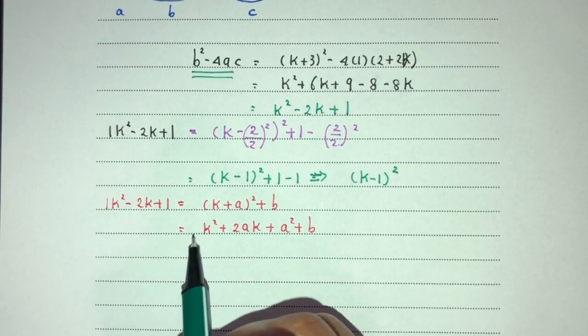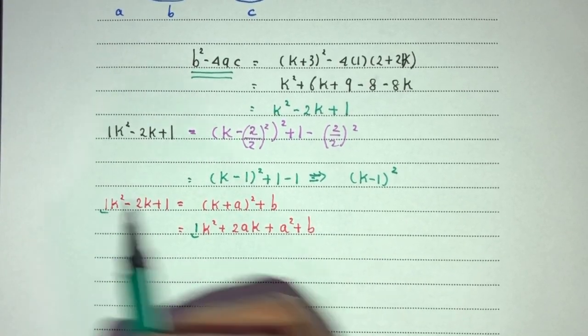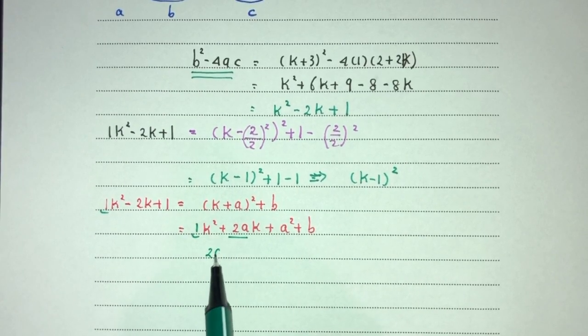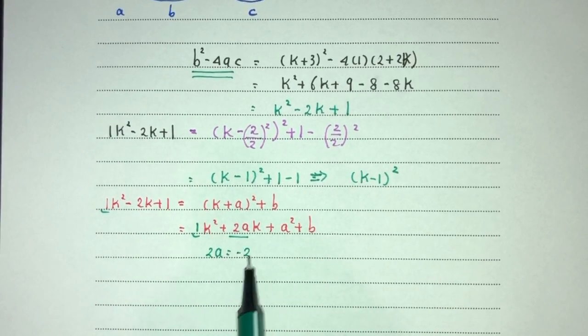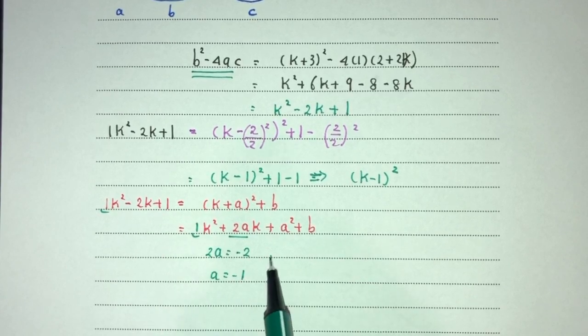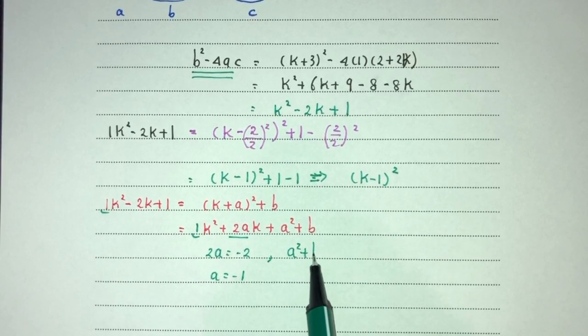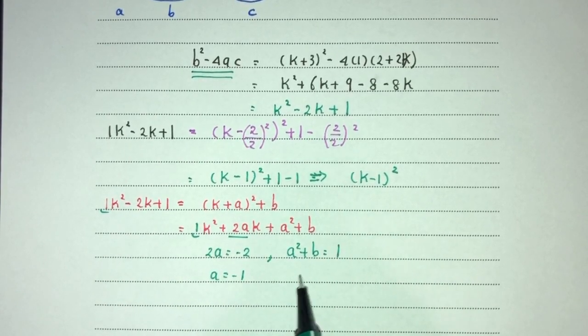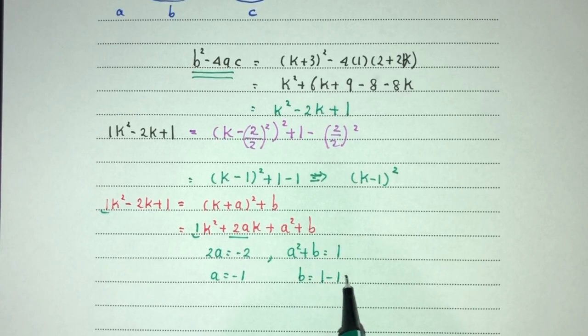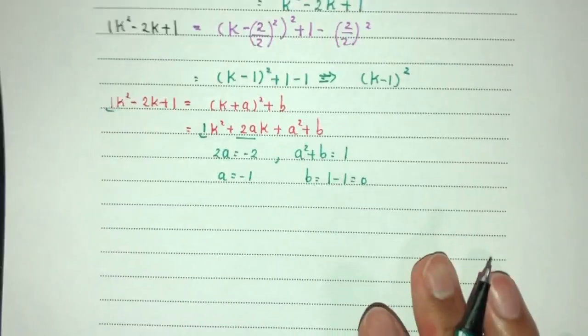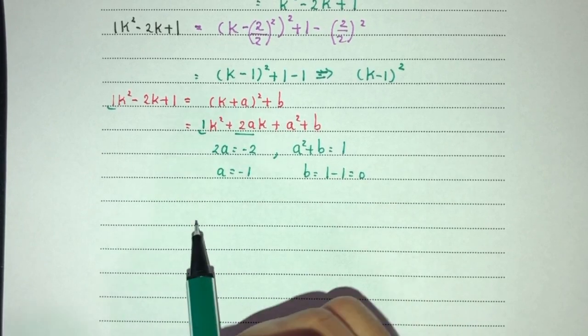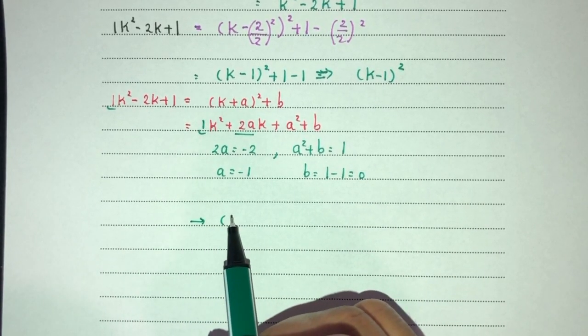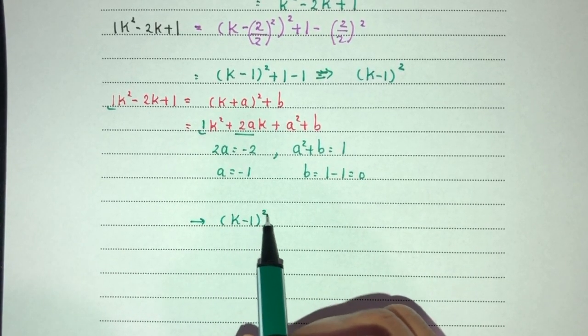Now by comparison, this is 1 and 1, so good to go. 2a is the value of minus 2, therefore a is the value of minus 1. Last one is a squared plus b has to be the value of 1, so b is the value of 1 minus 1 which is 0. So therefore with this method as well, we conclude that it should be (k minus 1) squared plus 0.